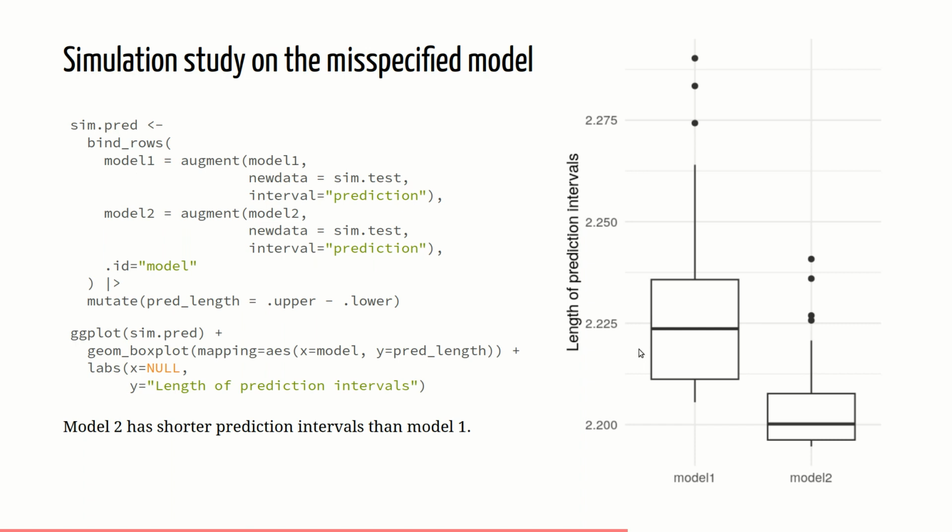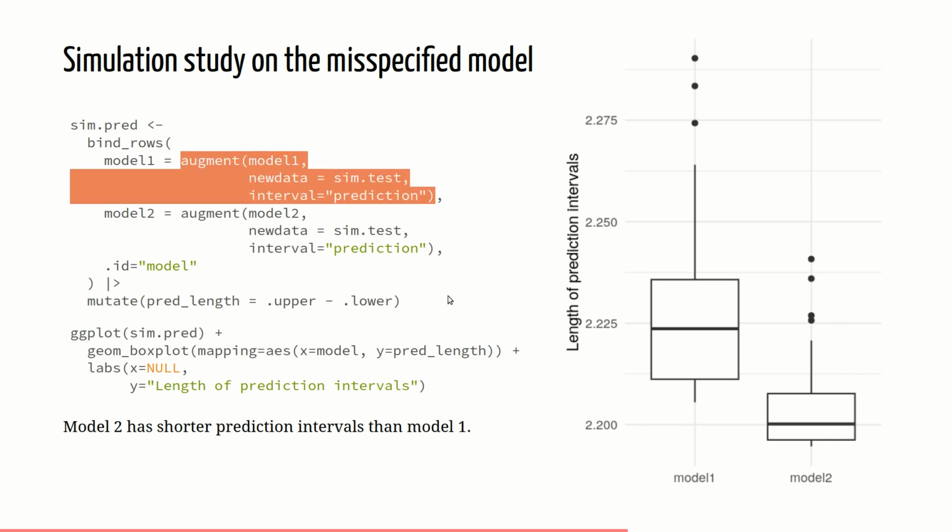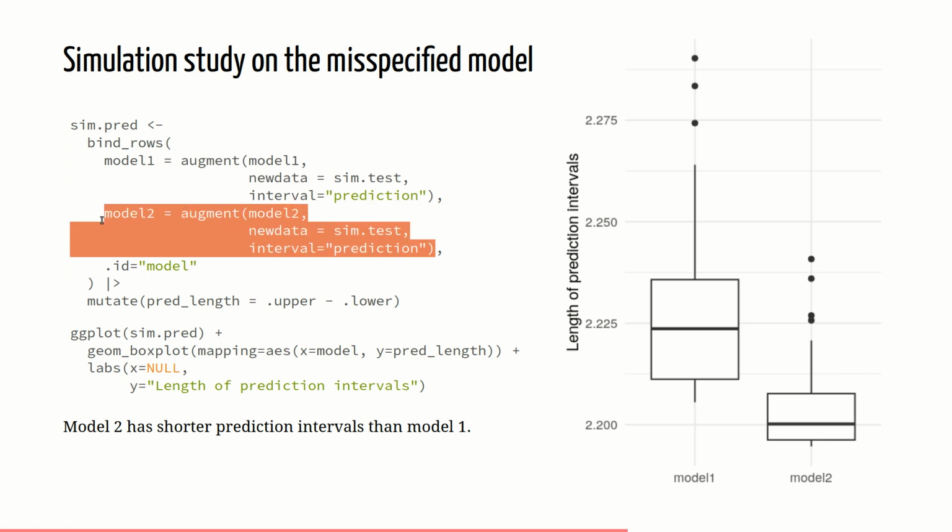However, if we look at predicting on the test set, so you remember we split our 150 observations into 100 training observations and 50 test observations, we can do our prediction on those 50 test observations. So I'm using augment on model 1 with our new test data and prediction interval, and augment on model 2. I'm binding those as separate rows into a single data set, so I get a prediction from model 1 and a prediction from model 2.